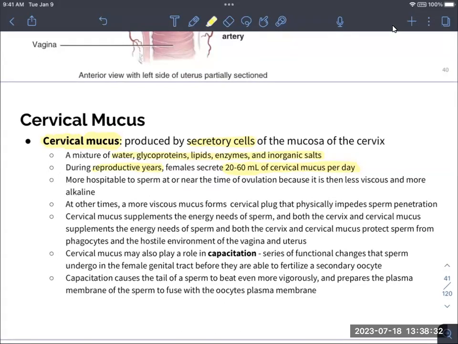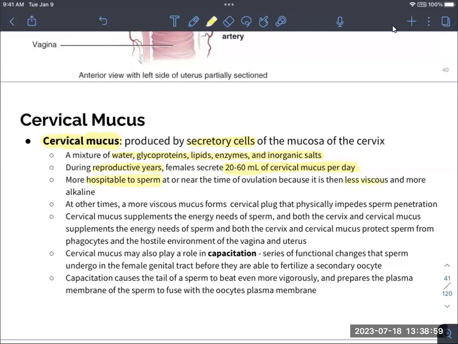What this cervical mucus does is it makes that vagina, that uterus, more hospitable, because the sperm need to be able to come in and make their way through.